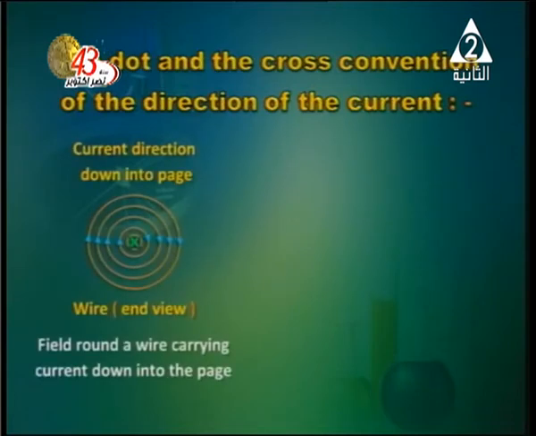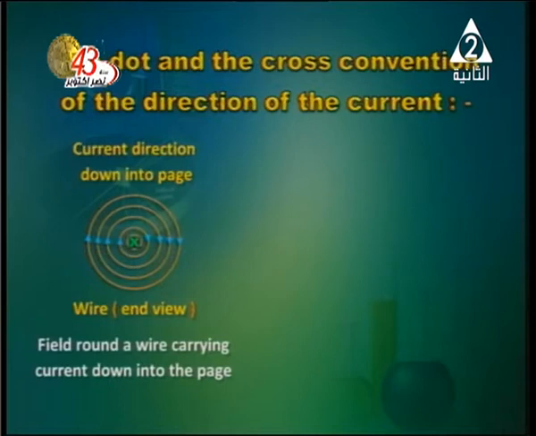In front of you, the symbol X means we've got a wire and the current is passing down into the wire. The field will be in the figure shown in front of you.